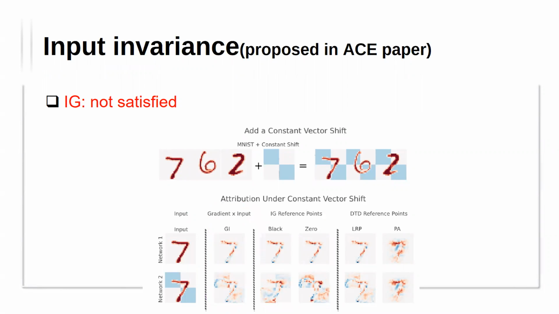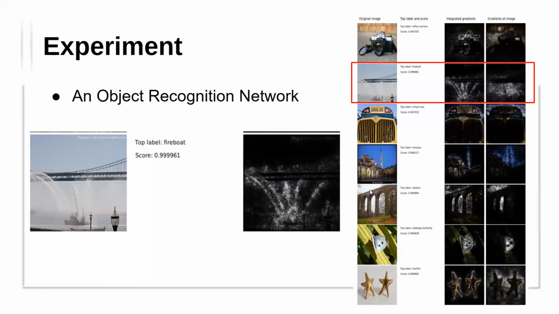So here comes the experiment part. The first experiment is on an object recognition network. I think this is an empirical study of their method. For a lot of images, they calculate the integrated gradient.